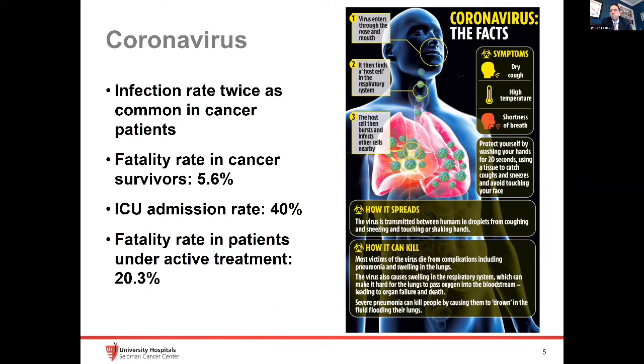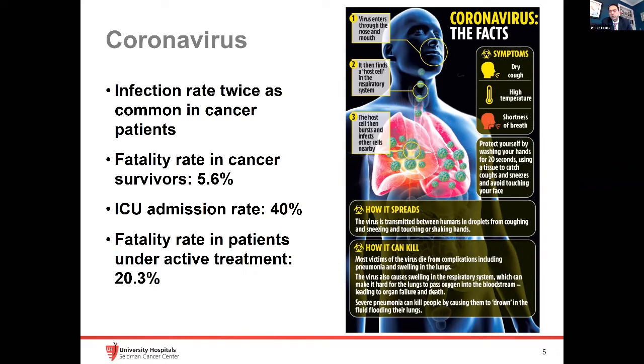For those cancer patients who are admitted, remember I talked about a 10% rate of intensive care unit requirements for patients. It's actually 40% in a small study out of China for cancer patients. So almost half of cancer patients end up requiring an intensive care unit stay if they are infected with the virus.